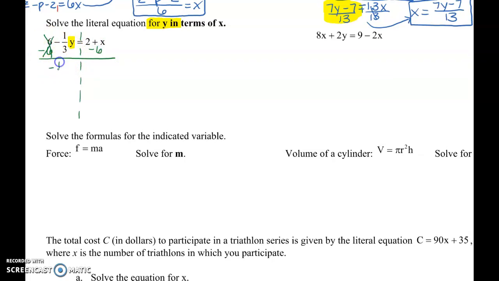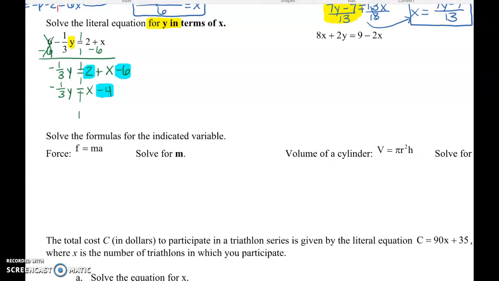And I get negative 1/3 y equals 2 plus x minus 6. We notice the 2 and the negative 6 are like terms, so we combine those, and we get negative 1/3 y equals x minus 4. Remember, that's where we got the negative 4 from.